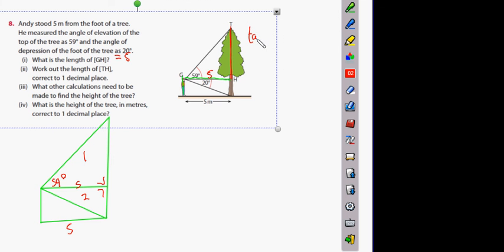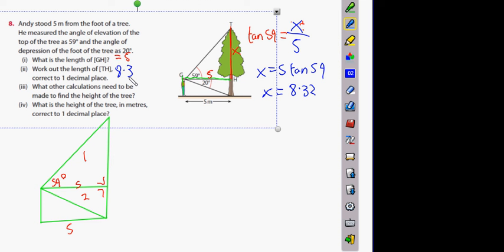So tan 59 equals TH, or call it X, over 5. Therefore X equals 5 tan 59, which is 8.32. To one decimal place, 8.3.